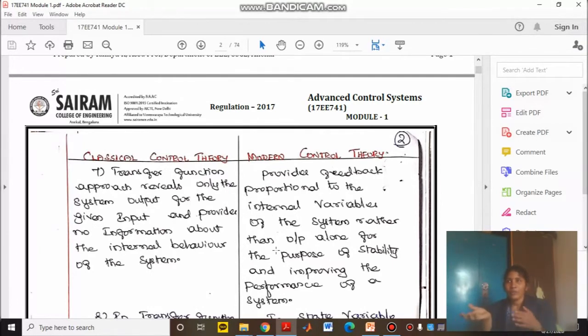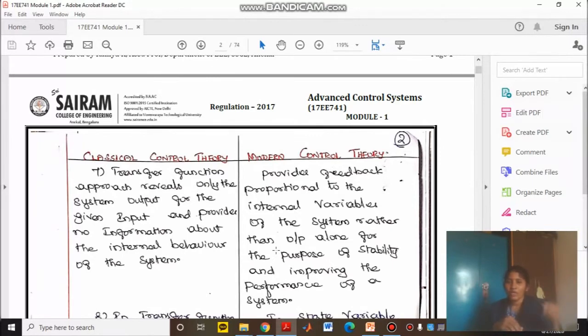And also in any application, it is not mandatory that we use only one input and one output. We will be using many inputs and also taking many outputs. So in that situation, we need to have the analysis for all the given inputs, and it is not that only one particular input can be given. Among the many inputs, one could be step, one could be ramp, one could be sinusoidal, one could be a square waveform.